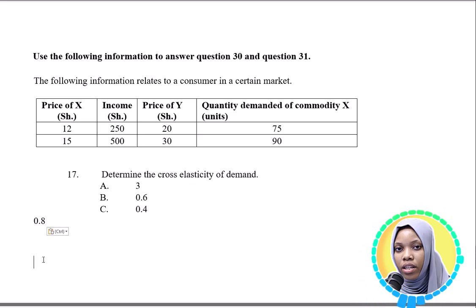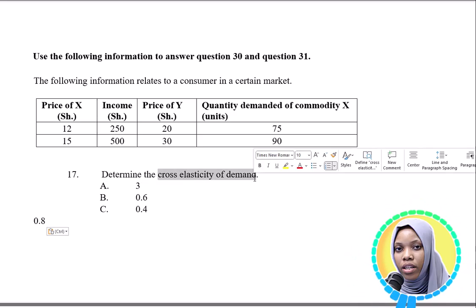Let's solve it. We are required to calculate the cross elasticity of demand.